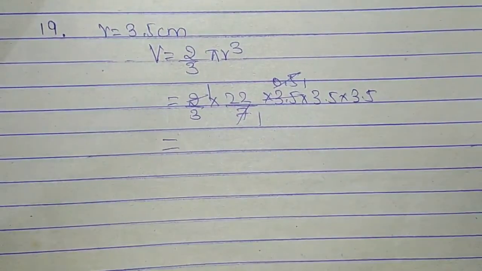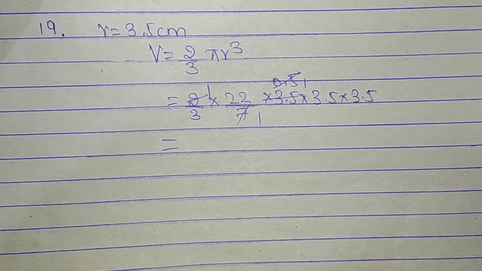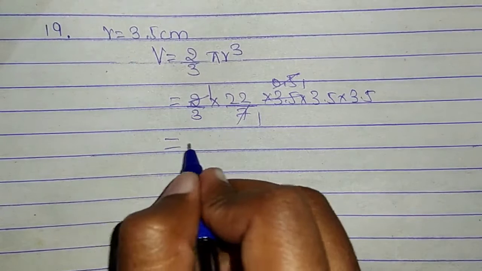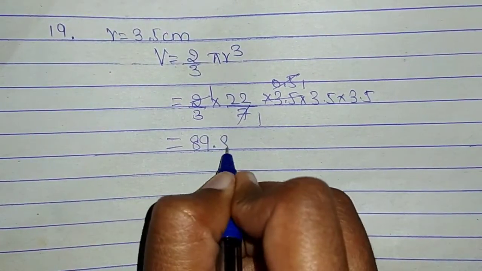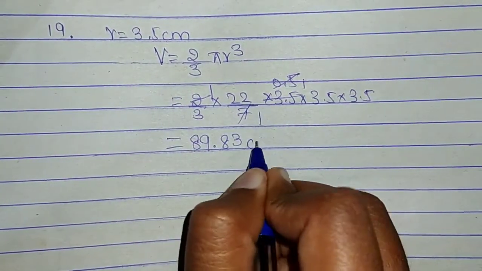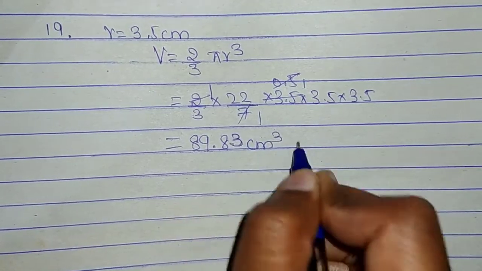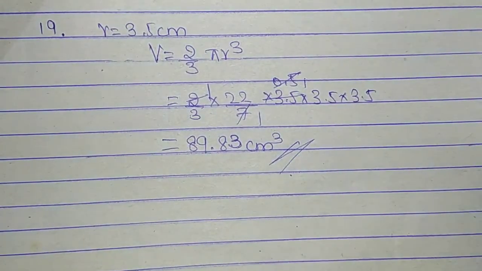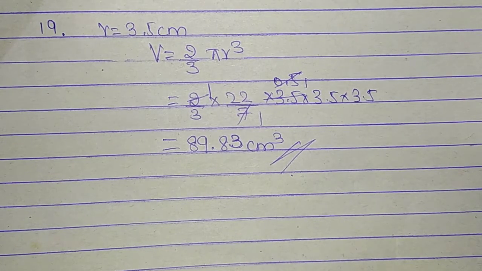So what we get here is 22 into 3.5 into 3.5 divided by 3. So the volume is equal to 89.83 centimeter cube.